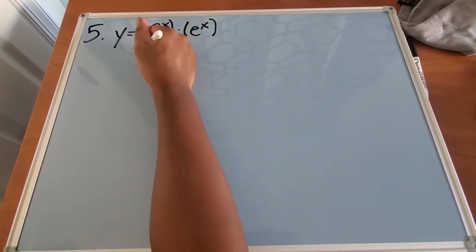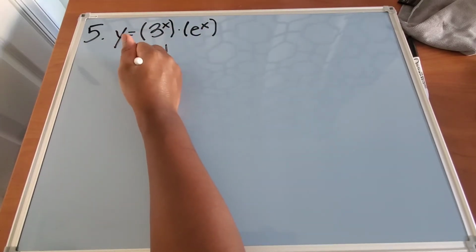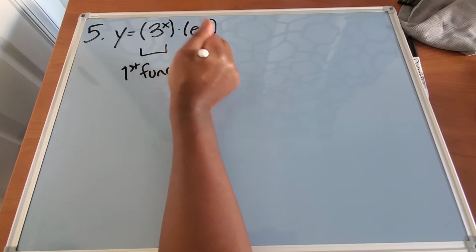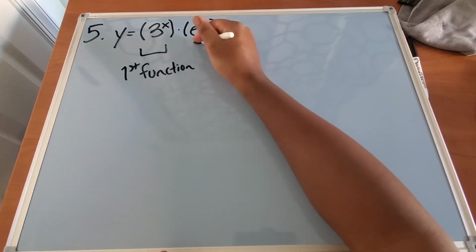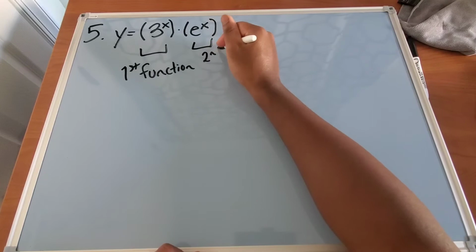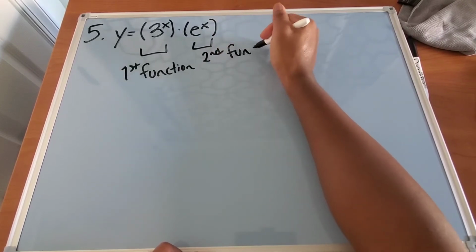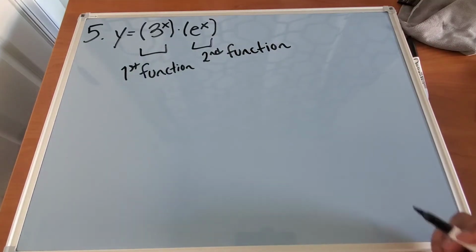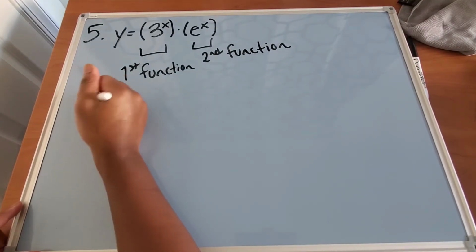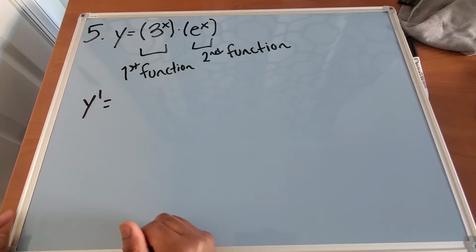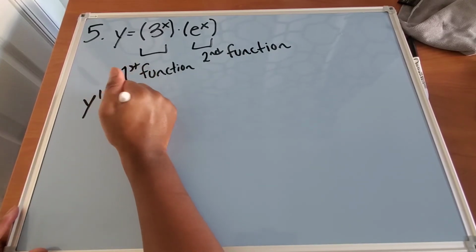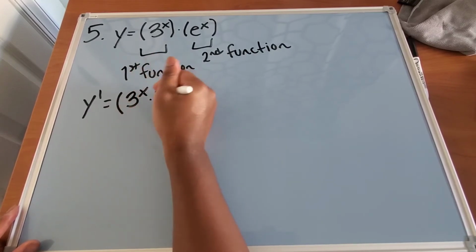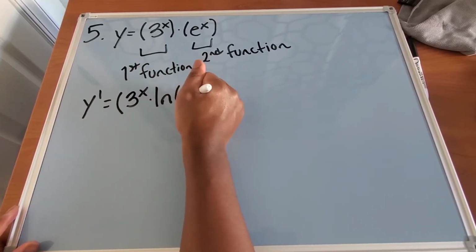So we know 3 to the x is our first function, and we know that e to the x is our second function. So we can go and apply the product rule to find the derivative. So the derivative of y is equal to the derivative of the first function, which is 3 to the x times the natural log of 3.